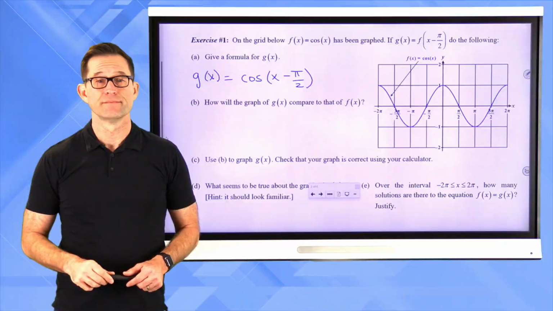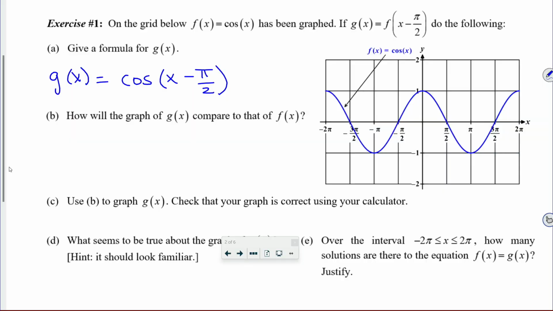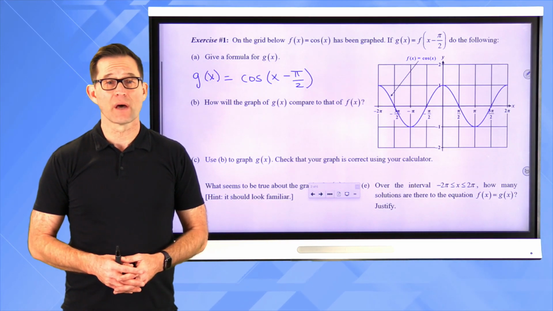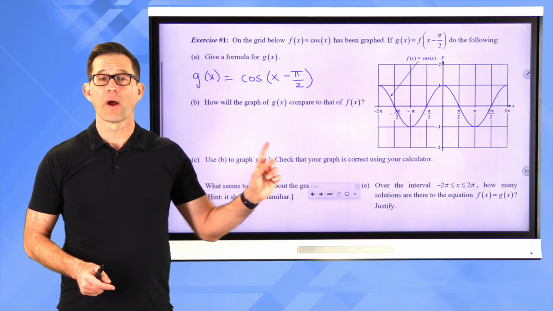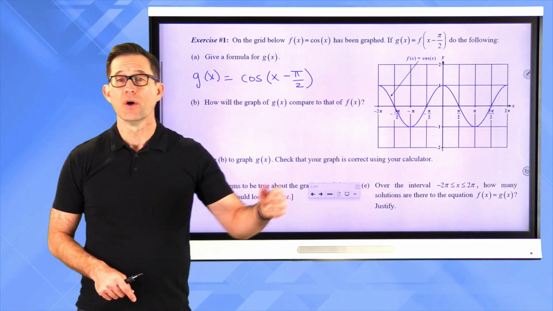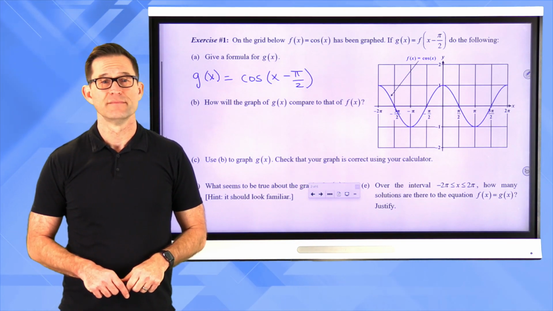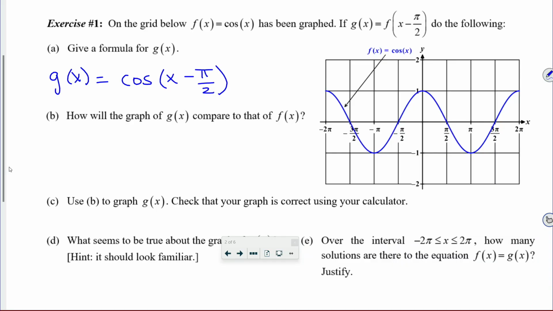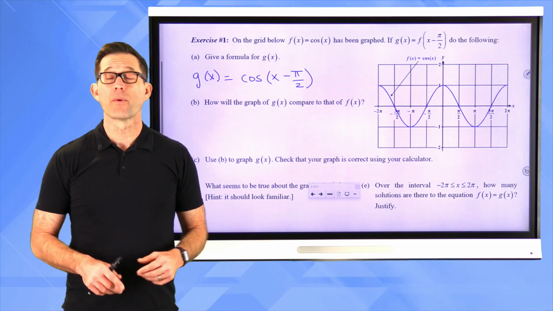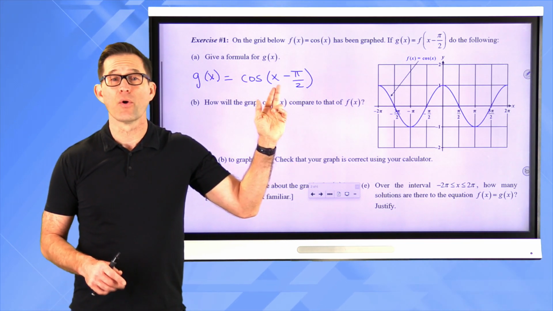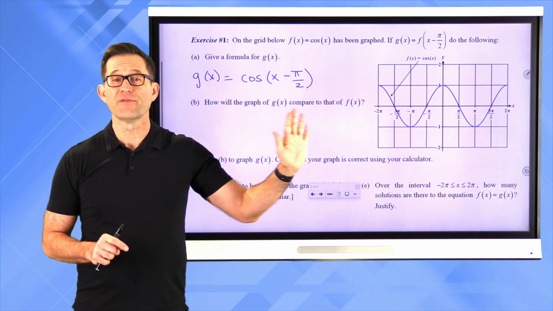Letter B. How will the graph of g of x compare to that of f of x? All right, well, try to remember how those horizontal shifting rules work and describe for me how the graph of g of x will compare to the graph of f of x, which we already have on the grid. Okay, well remember, when we subtract a positive number from the x variable directly, it's going to shift it to the right.